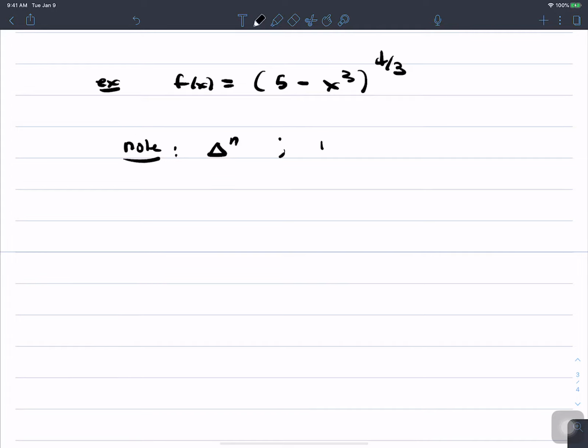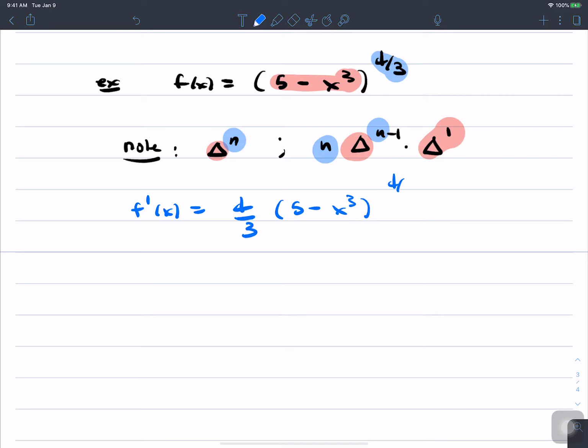I have a power. Here's the derivative. Notice, like the past problem, you got that inside function here, and it's raised to a power. So it's n, here's n, and here's the inside function. Okay, let's get to work. F prime x becomes 4/3 (5 minus x cubed) to the 4/3 minus 1 times the derivative of 5 minus x cubed.